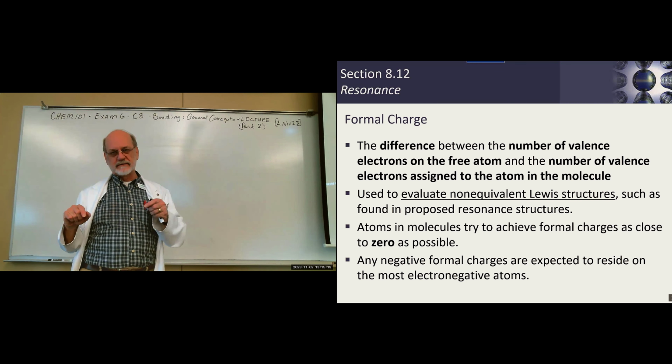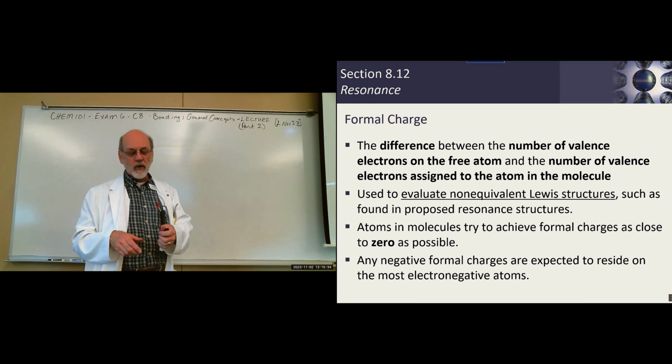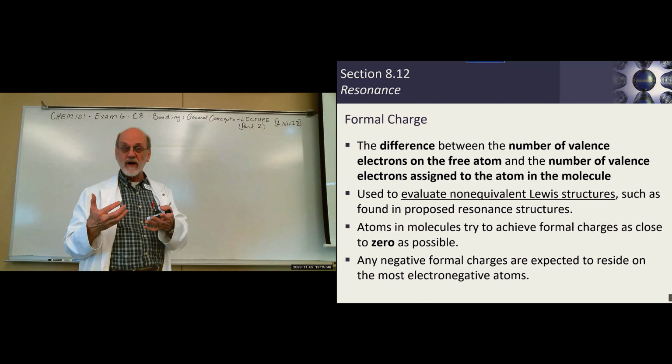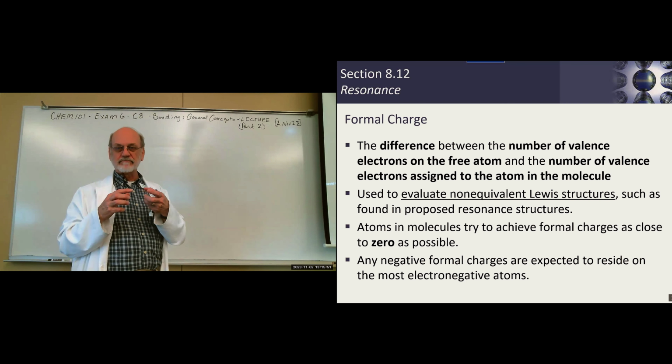And what we do is we invoke a method called formal charge. Formal charge is something of a misnomer. It's not really a charge, but we assign a charge as a way of bookkeeping where the electrons are and how they affect the electron distribution in the molecule.